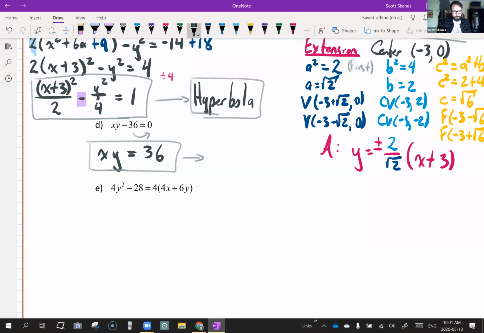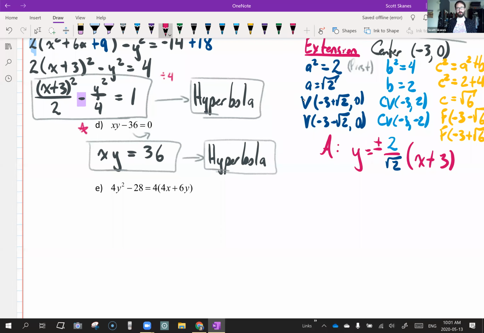Circle? Nope. Circles need to have squared x's and squared y's. This is a very special case. You could graph it on Desmos if you wanted to. It's a very special case of a hyperbola. This is a kind of, I don't know if I'd call it a challenge question. It's just like a bit of a random question.